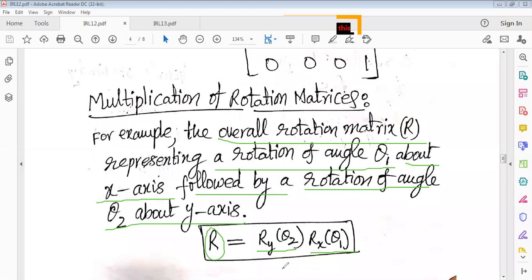So here, while calculating the overall rotation matrix, we need to follow the order of multiplying the rotation matrices. It is very clear. You have to follow this fundamental rule while multiplying the rotation matrices. Otherwise, the result may not be correct if you change the order of the matrices.